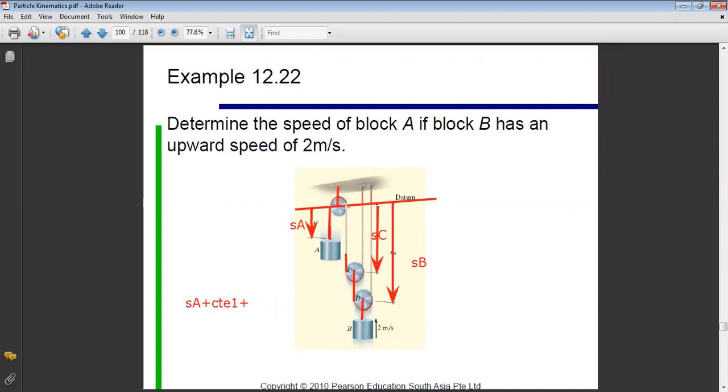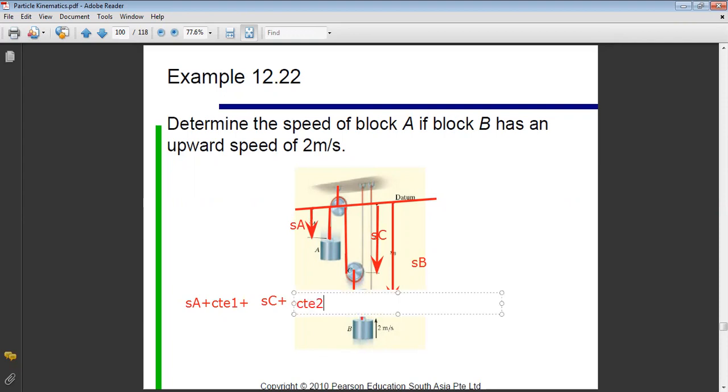It is SC. So we should add plus SC. Now, when we go over the periphery of the pulley, it's also a constant, so we can add plus constant 2.